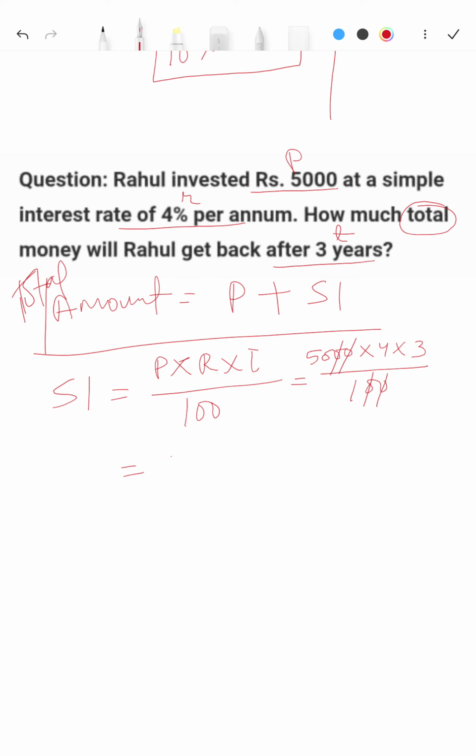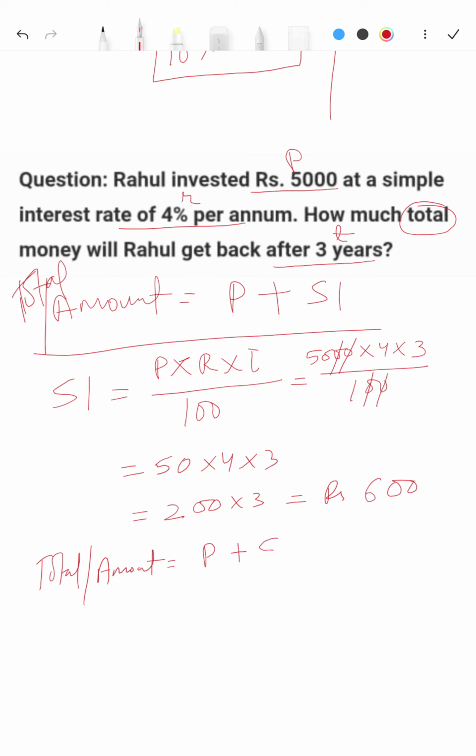Now what we have is 50 into 4 into 3. 50 into 4 is 200, into 3, which is equal to rupees 600. So this is SI. Now the total amount will be equal to principal plus SI, which is equal to 5000 plus 600, which is equal to 5600 rupees.